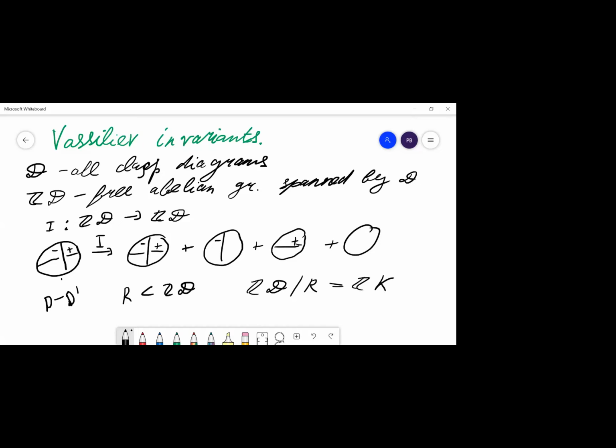And also we can have a quotient that goes like this. Because I will clearly take a group to a group. So R is the subgroup generated by differences, by the moves. Yeah.